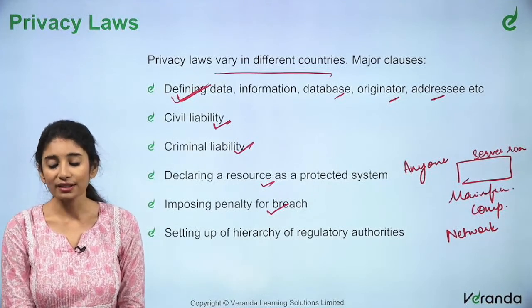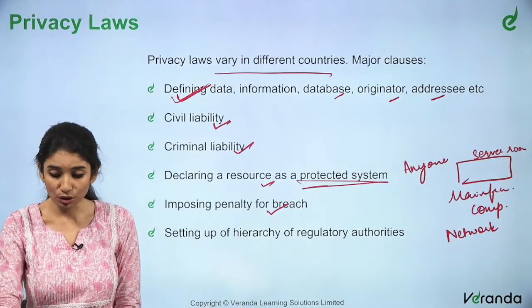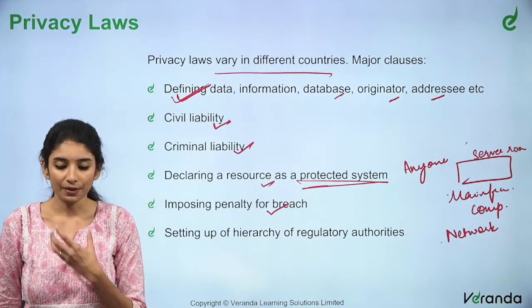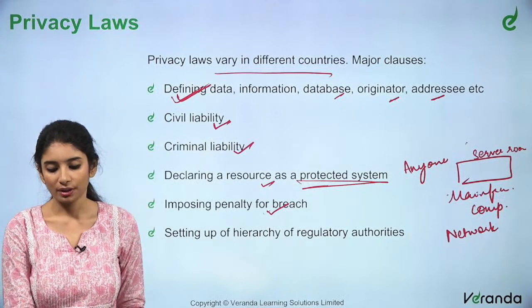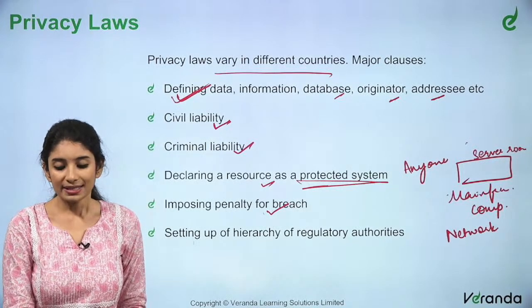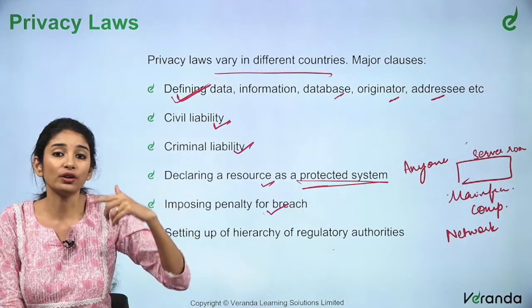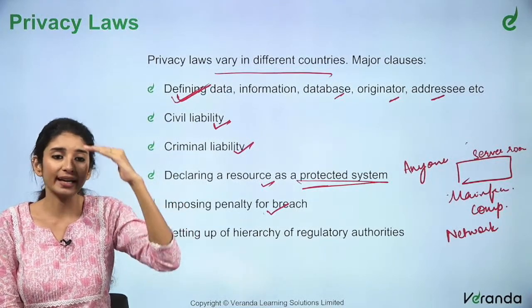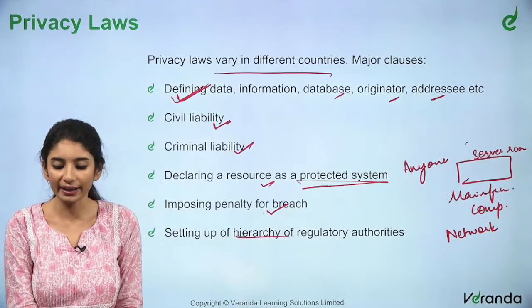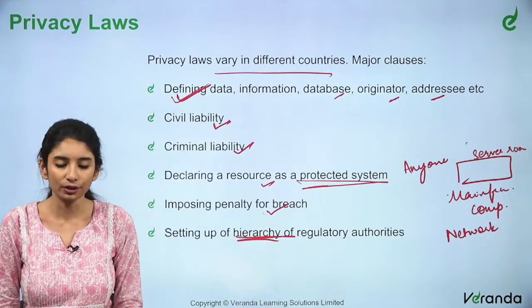Okay. So, declaring a resource as a protected system. I have to specify what are the resources that are important for me. Imposing a penalty for breach. Setting up of hierarchy of regulatory authorities. Setting up which level I will take in case a breach happens.